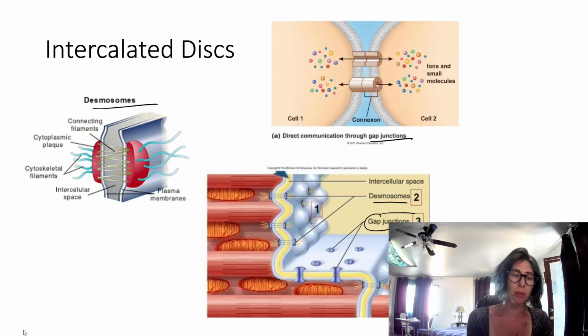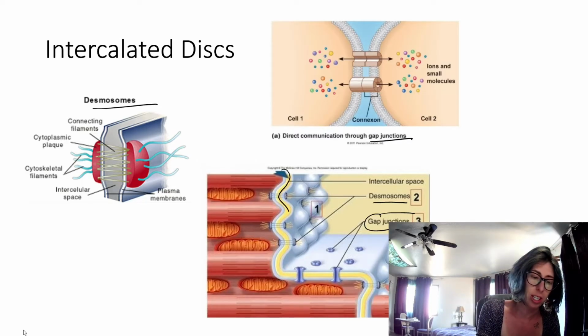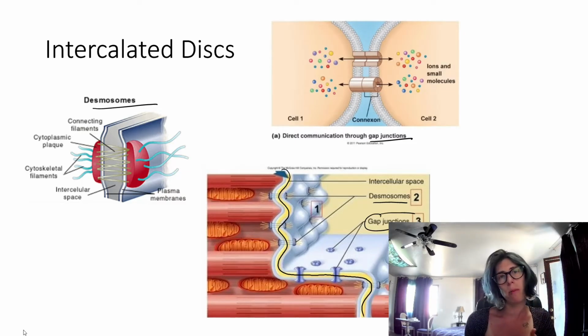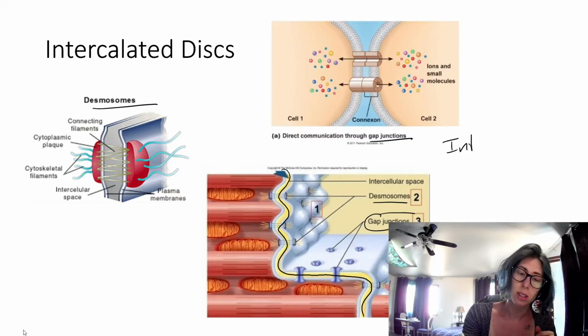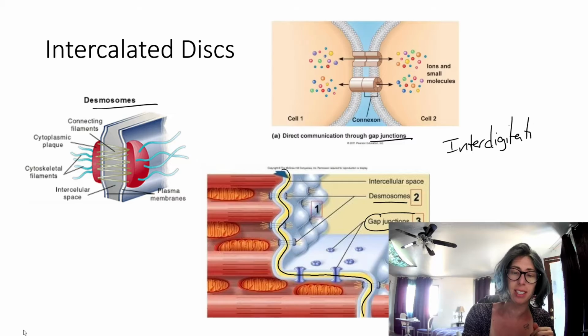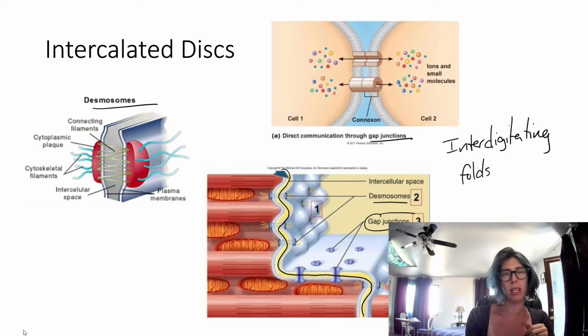And then another thing that's an important feature is this waviness. We call that wavy membrane interdigitating folds. Interdigitating folds. How do you remember that? Well, you can see that they're kind of like folds, right? Like wrinkles. Interdigitating, so inter means between, digits are like your fingers.